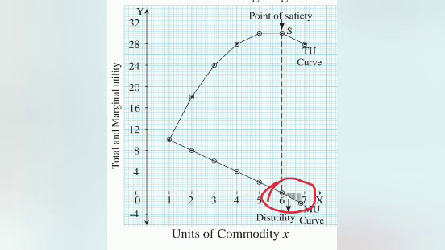In other words, the consumer starts experiencing ill effects of consumption. And it is observed that total utility is always positive, but marginal utility may be positive, zero, and even negative.